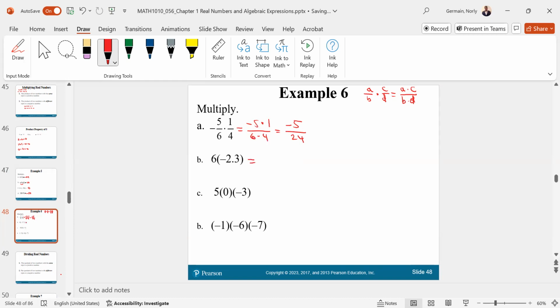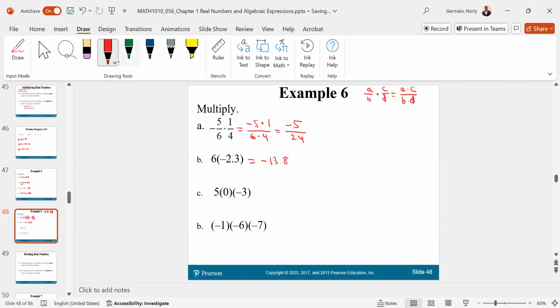So you do 6 times -2.3. Here we want to know if the answer is positive or negative. Negative. 6 times 3 is 18. Remainder 1. 6 times 2 is 12 plus 1 is 13. So it's going to be -13.8.